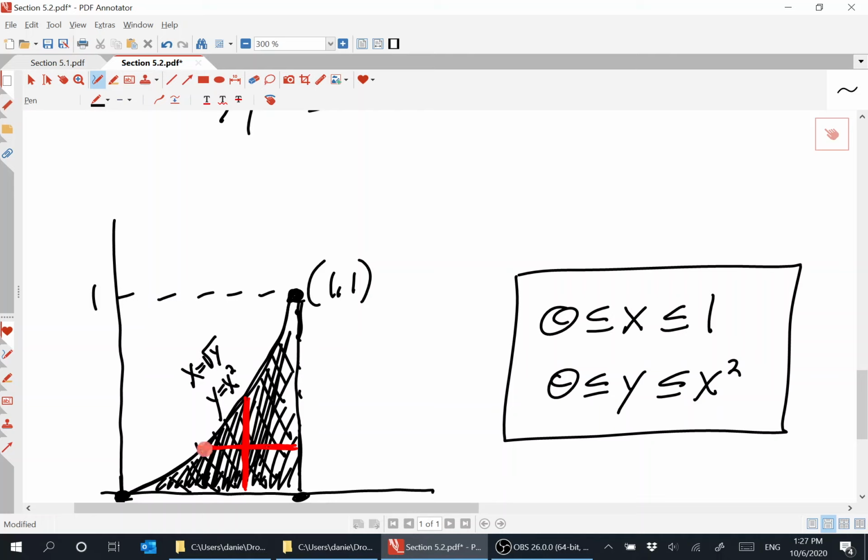So y is between 0 and 1, and then the x value is between this function on the left, which is square root of y, and this function on the right, which is x equal to 1. Square root of y to 1.